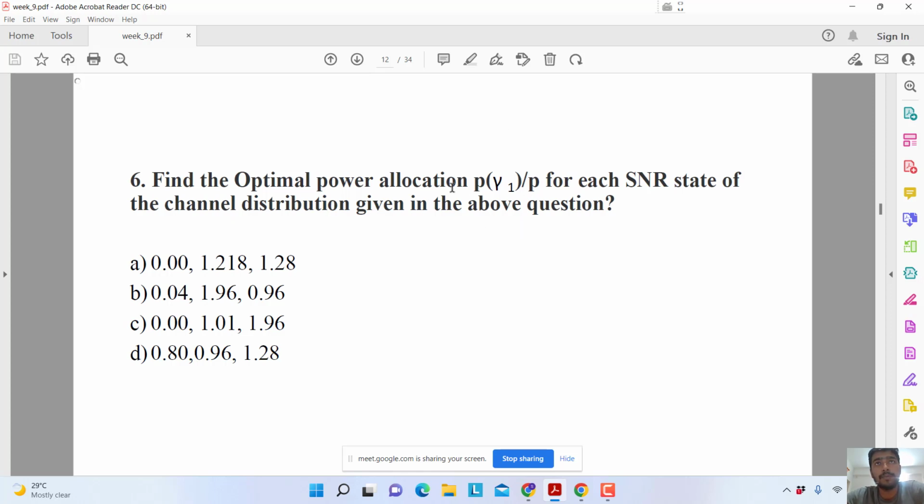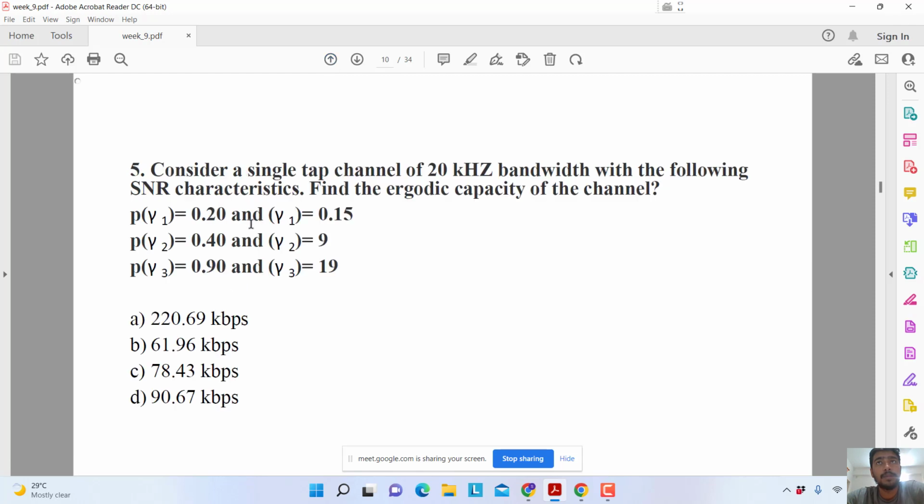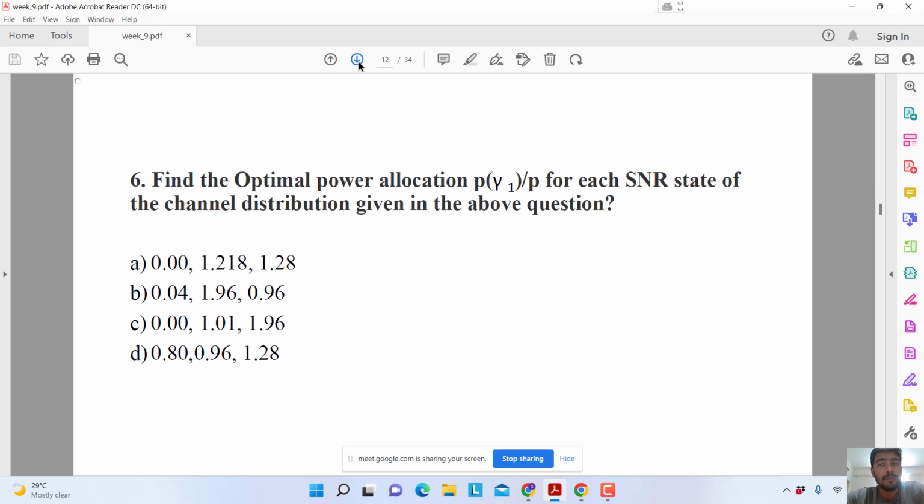We have to calculate this ratio, and given that three characteristics are given. Please try.